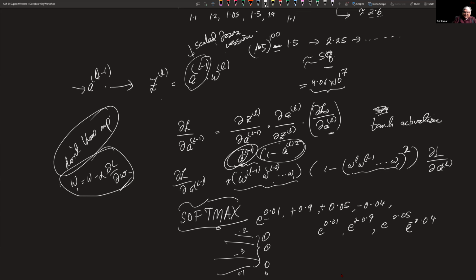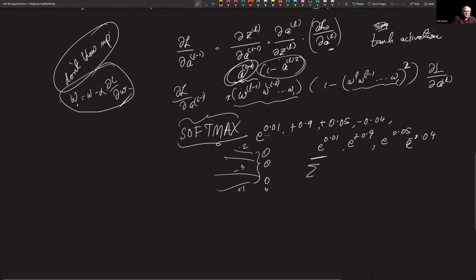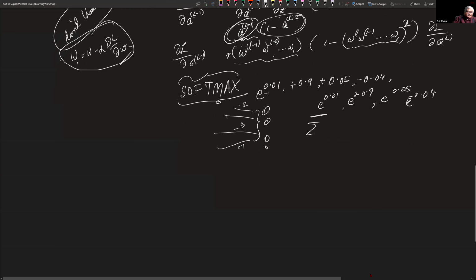Then you scale all of them by the summation of these. When you scale it with the summation, you will notice it has a very interesting effect, which is why softmax is the go-to last layer for all classifiers. In the homework, you'll see that I have put in a softmax at the last layer.